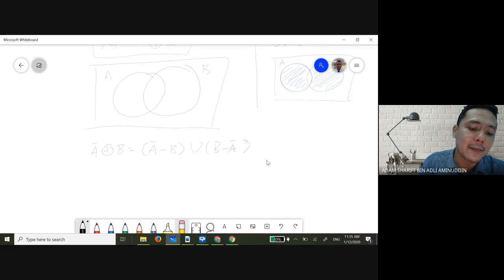Pemahaman ini. Tapi dia tersilap dekat yang pertama, saya rasa Akram. Hati-hati ya lain kali. So A complement ialah 1 and 4. Okay. B adalah 3 and 4.